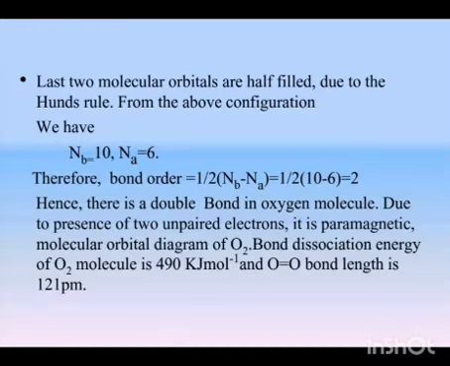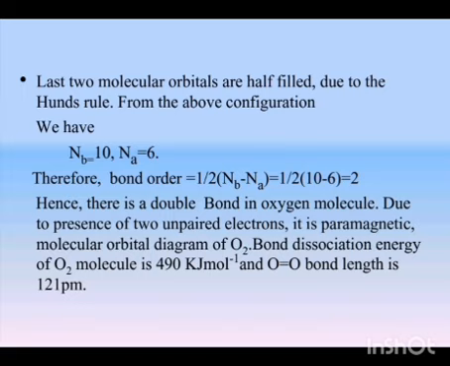This is the electronic configuration of the O2 molecule. Some explanation regarding the electronic configuration: the last two molecular orbitals are half filled due to Hund's rule. From the above configuration, we have Nb = 10 and Na = 6.